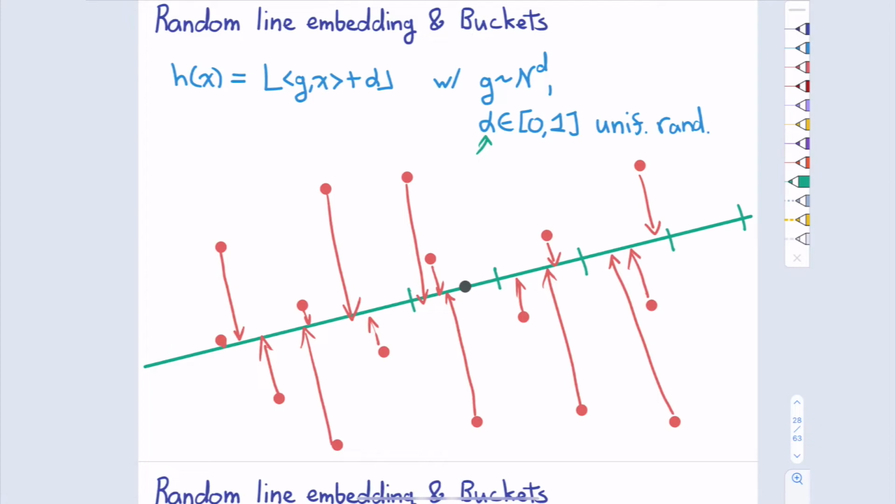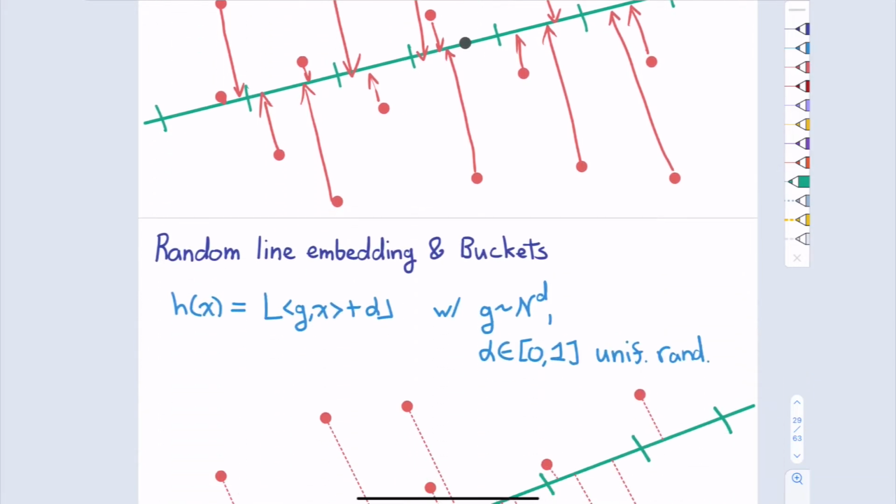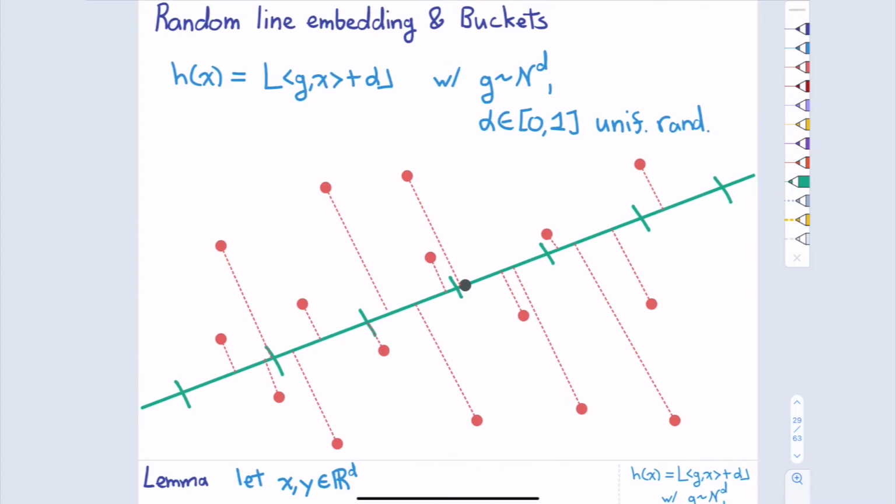Okay, so these dashed lines would be translated based on alpha. Okay, and so in that sense, I've created some buckets. We basically picked a random line, embedded on the line, and then bucketed it. Okay, and tried to randomize a lot of things. Okay, so here's a prettier version, I guess, of the picture prepared ahead of time.